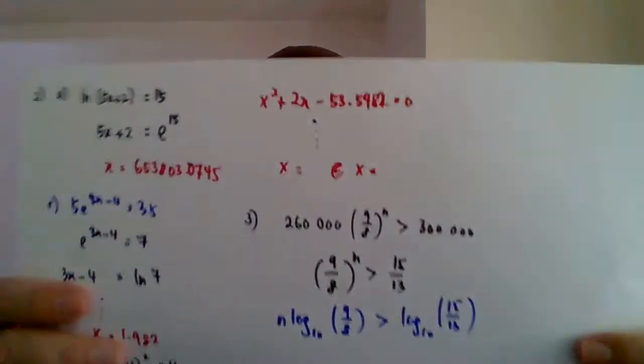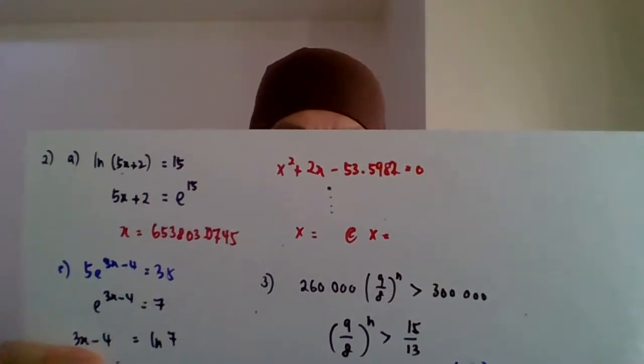So I put the log. What happened to the power n there? The n can be brought down, so it becomes n log 10 9/8 more than log 10 15/13. So this is what happens after I put the log 10.